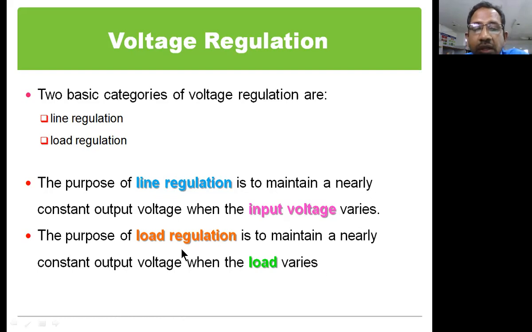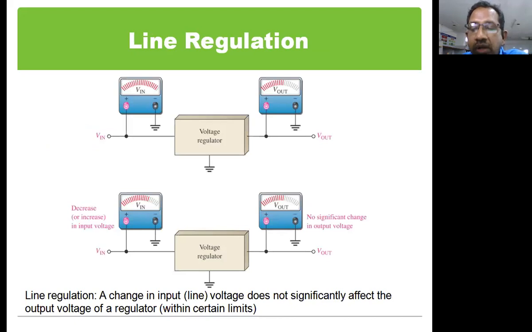If the output voltage is kept constant irrespective of changes in the load, that type of regulation is known as load regulation. If the output voltage is kept constant irrespective of changes in the input voltage, that type of regulation is known as line regulation. These are very important properties, very important from the examination point of view.